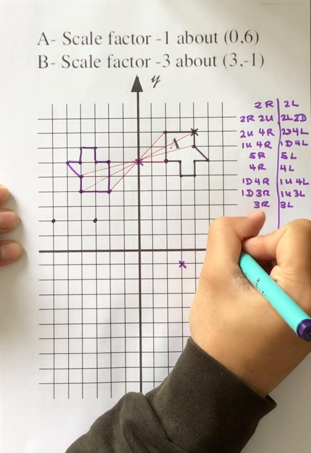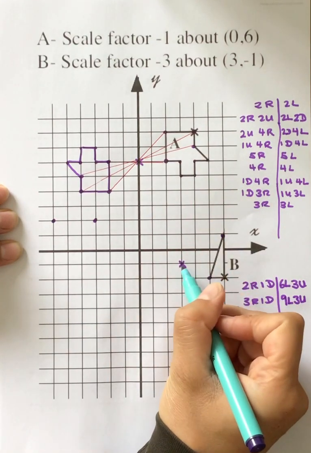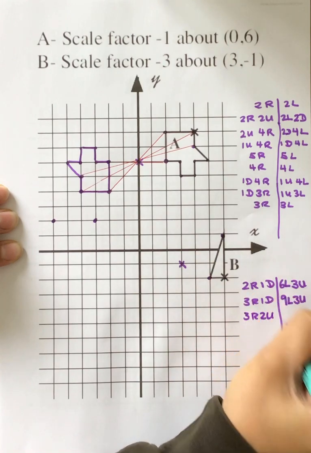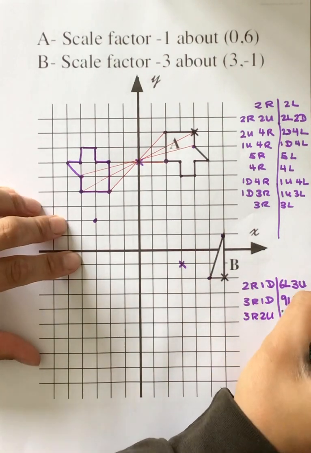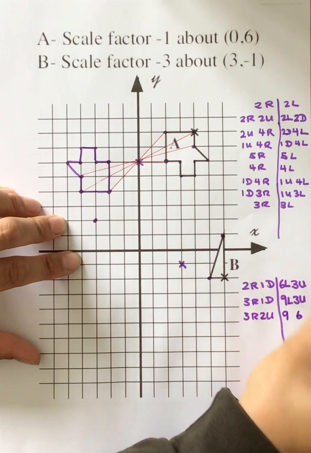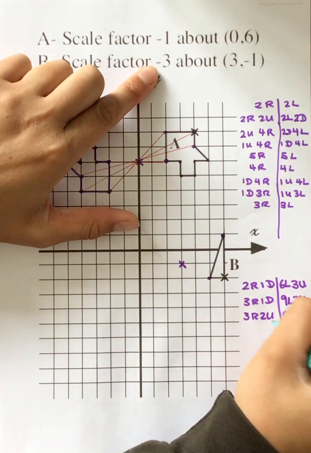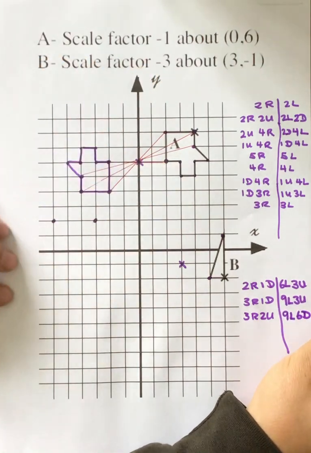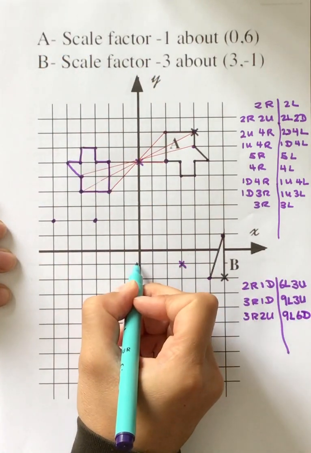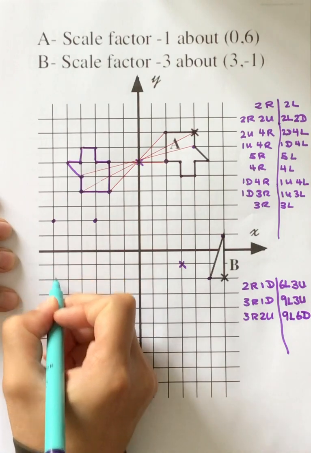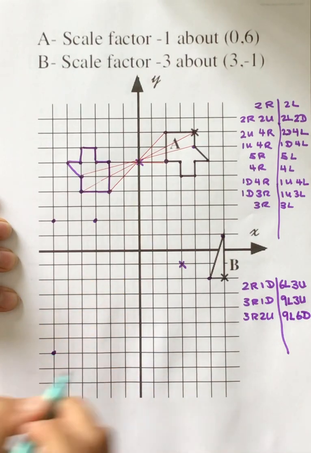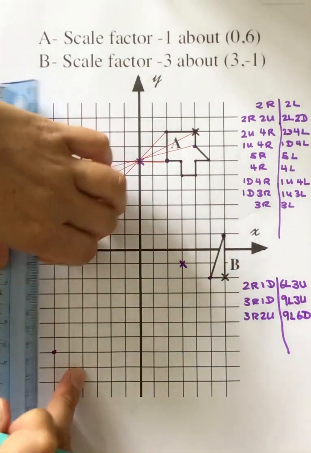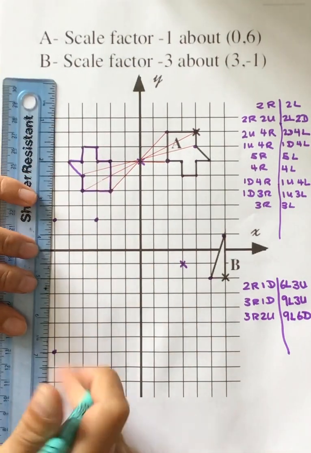And then for the last corner on this shape, from my centre of enlargement, I go 3 right and 2 up. So if I times that by 3, that gives me 9 and 6. The minus tells me to change the direction, so that's left and down. So from my centre of enlargement, 9 left and 6 down, so my new corner is here. So if I join up those corners, that will give me the image for this enlargement.